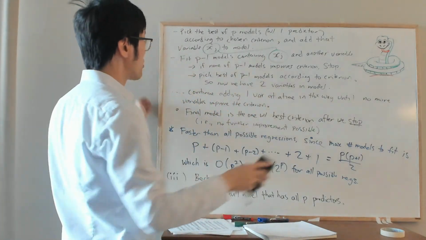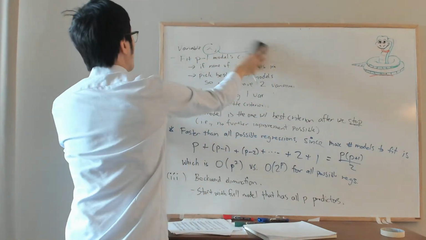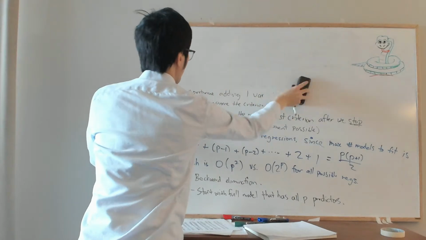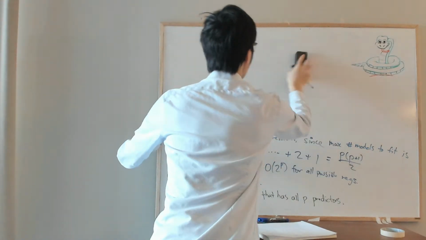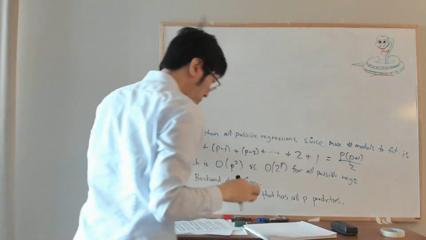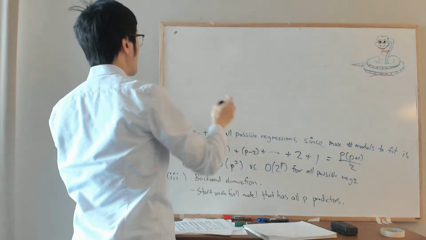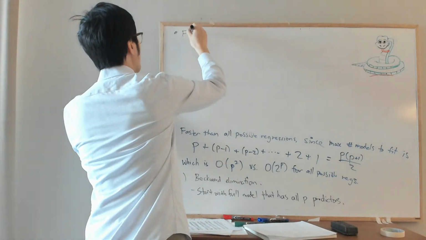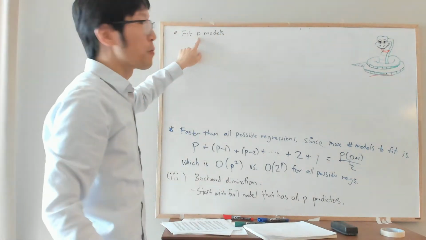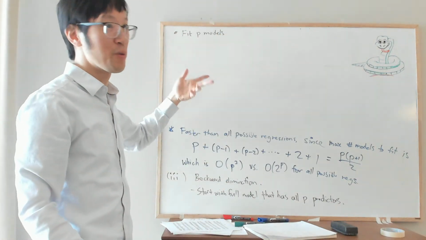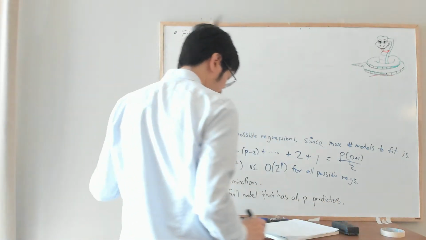I can describe it in a very similar way, just in the reverse direction in which we proceed. So we start with everything. Now we're going to fit p models. Why is it p? Well, we have p predictors, and we take one of them away, so there's p such models.